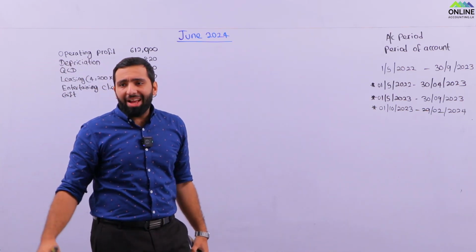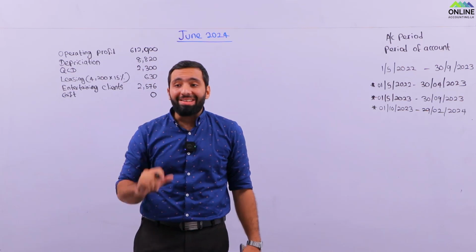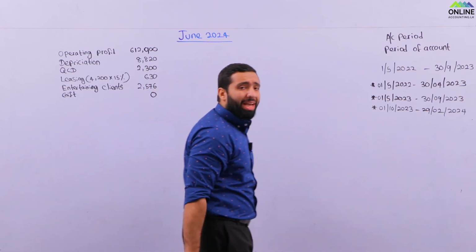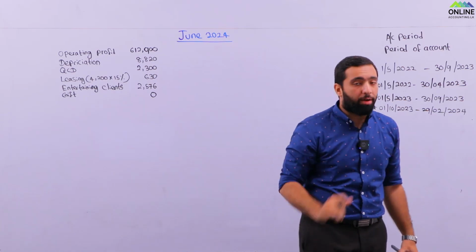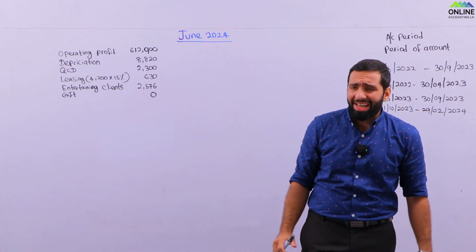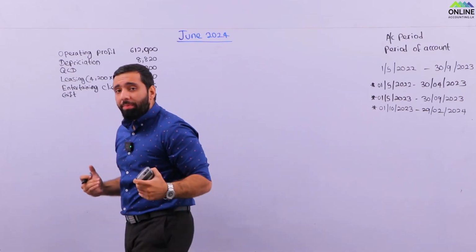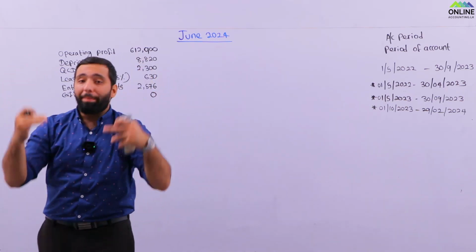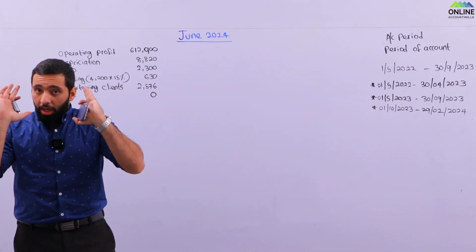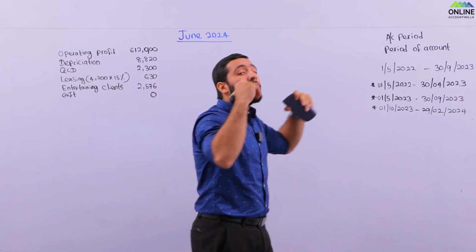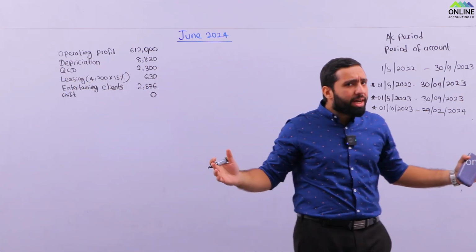So what else? Yes, loan interest receivable. Now this is a bit of a complicated area, but make sure you listen to me carefully. Loan related area. Either it can be a loan interest income or loan interest payment. So in your taxes, you have to record this on an accrual basis. Where did you learn accrual basis?